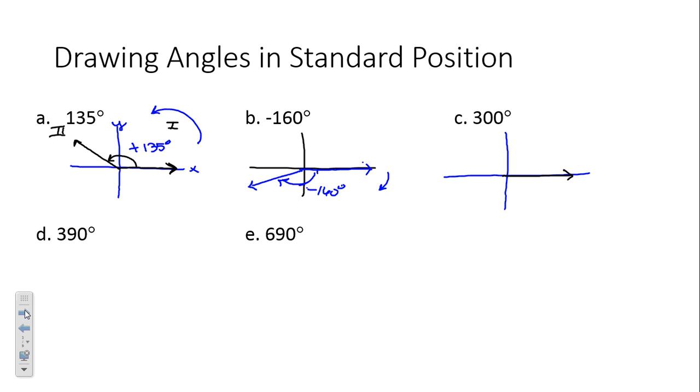And we're going to go a long ways around, aren't we? 60 degrees short of 360. Very good. So this is going to be 60 degrees short of 360. So this is going to be 300 degrees. And again, I just want a ballpark idea of where you're at. Not expecting a protractor out for this. Okay?